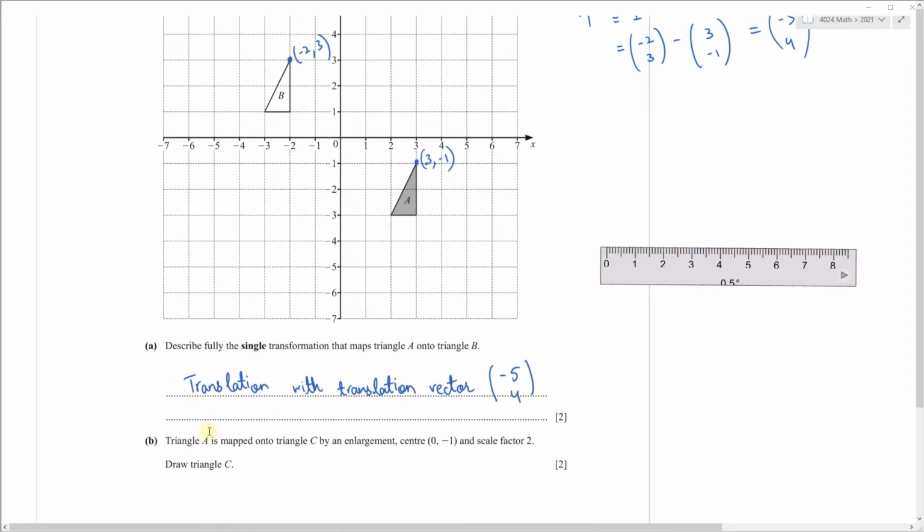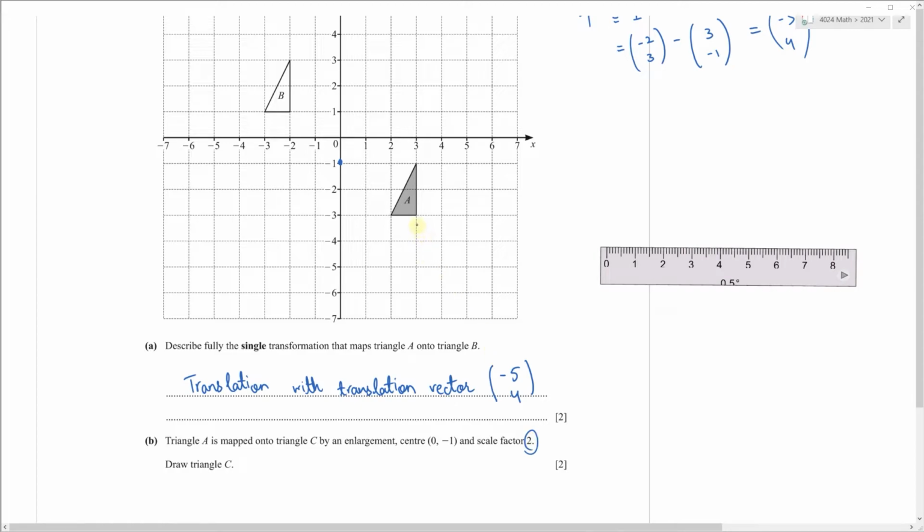Part B: triangle A is mapped onto triangle C by an enlargement. Center of enlargement is 0 and minus 1, and scale factor is 2. So let me erase this. Your center of enlargement is 0 and minus 1, and scale factor is 2.